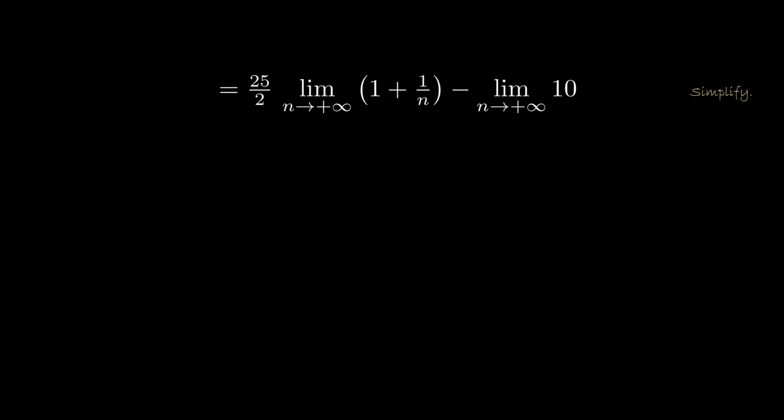Simplify the quotients. Divide out the common factors and move the constant multiplier outside the limit. Evaluate the limit using a limit at infinity rule.